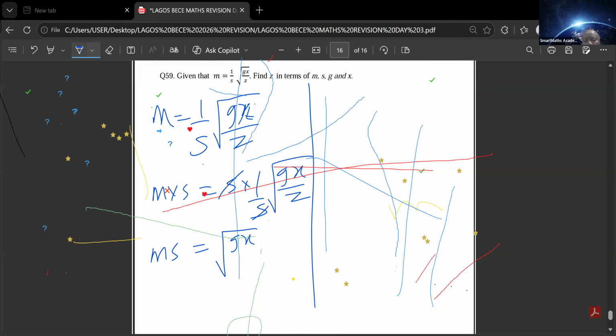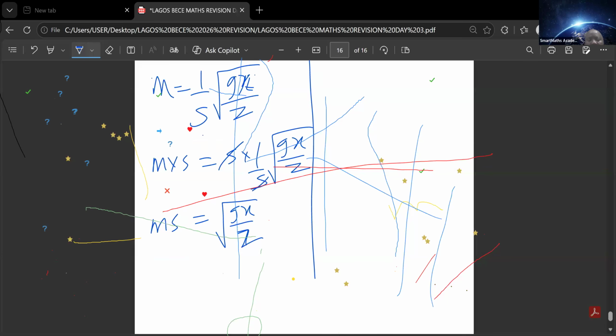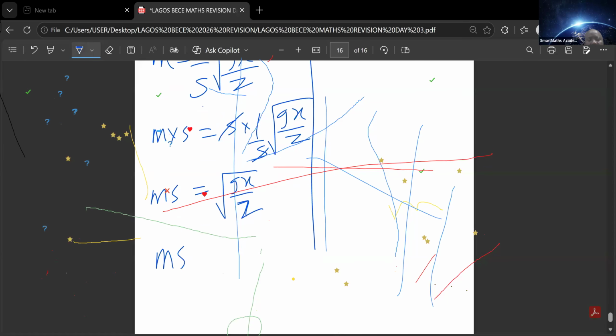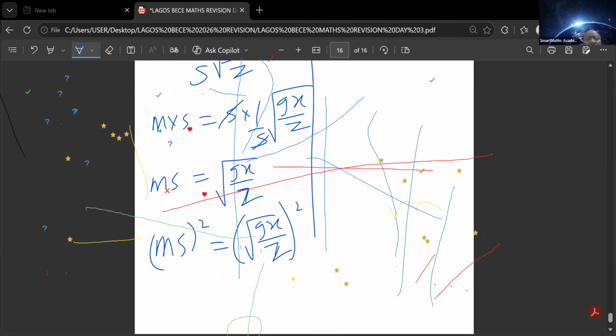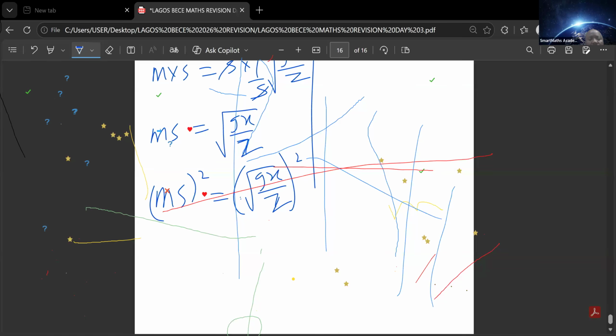So the next is to remove the square root. That means we are going to square both sides. So that is going to be ms, everything squared, equals the square of square root of gx over z. So this is going to give us m squared s squared equals gx over z.